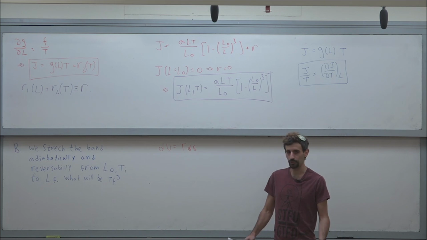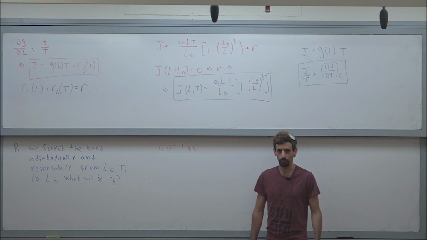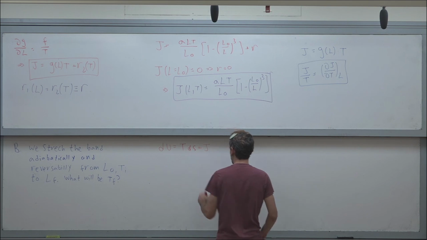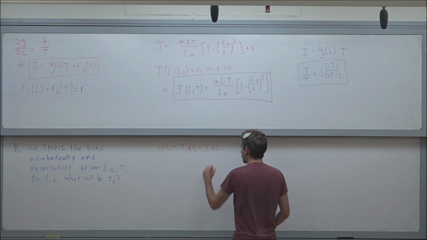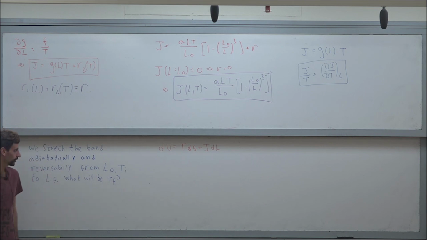But here we don't have pressure or volume, we have the work done on the system. The work we do is to stretch it. So as we define work in Newtonian mechanics, we have J, which is the tension, times the infinitesimal length, J dL. Because we are doing work on the system, we're stretching the rubber band.